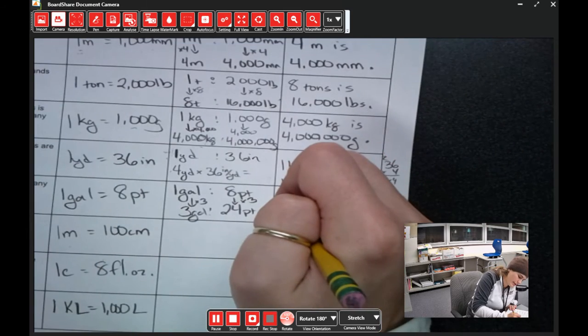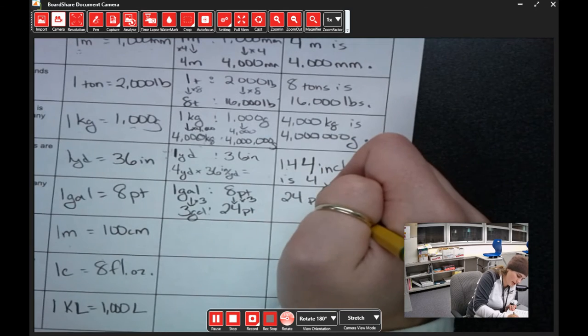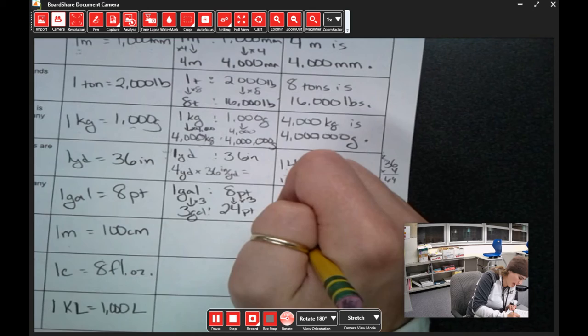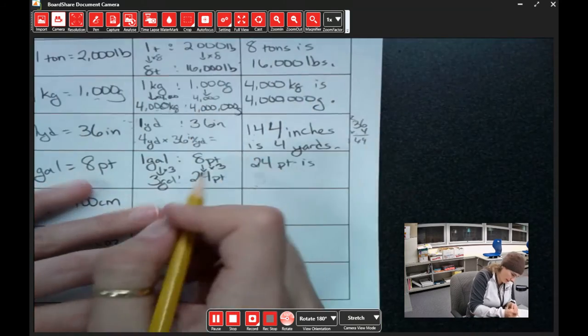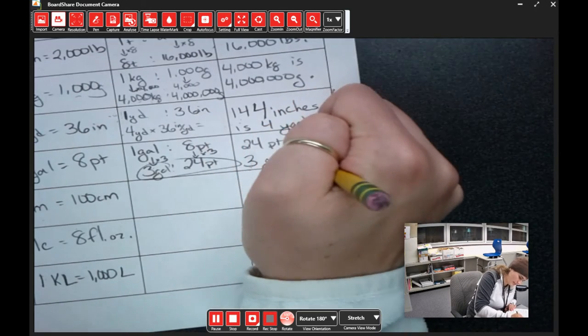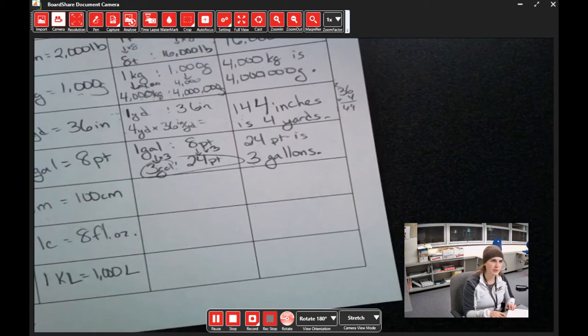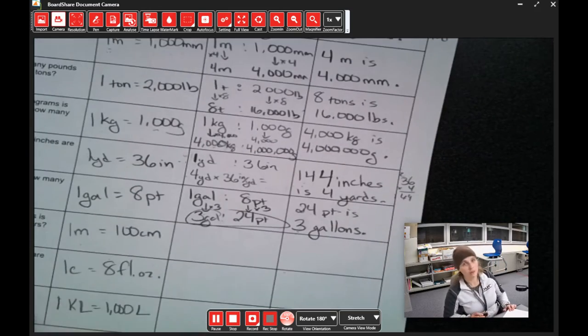So 24 pints is 8, nope, not 8, got there, 3 gallons. It's easy to get distracted sometimes, so you just keep going back to your work. And if your work is organized, you will find the answer.